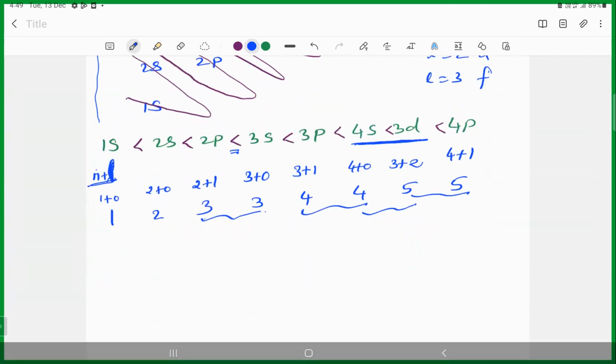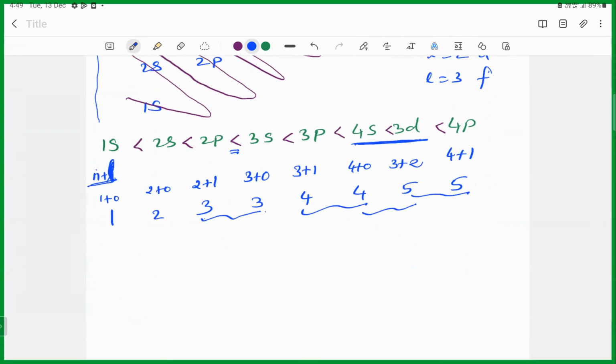Here 3, here 3. Why are you filling 2p orbital before the 3s orbital? Or why is 2p orbital filled before 3s orbital, or 4s orbital filled before the 3d orbital?